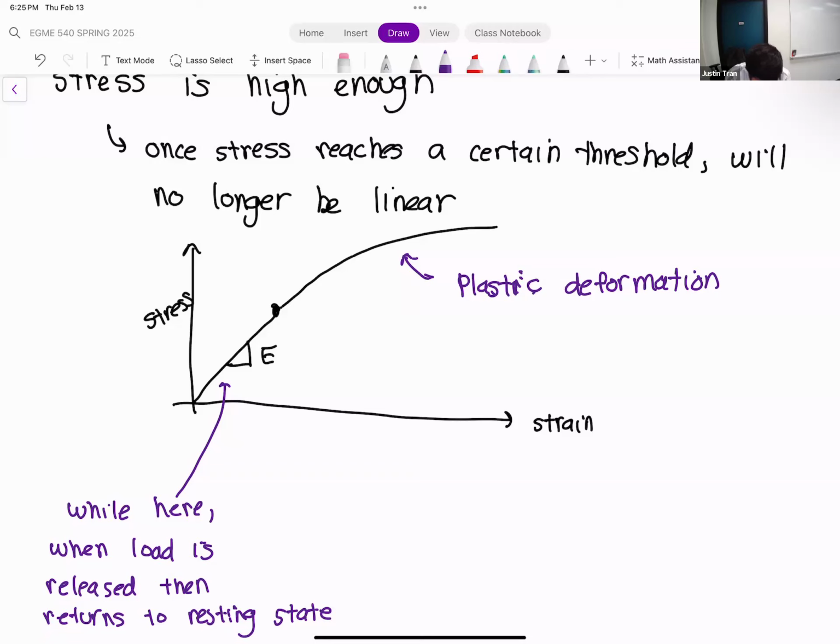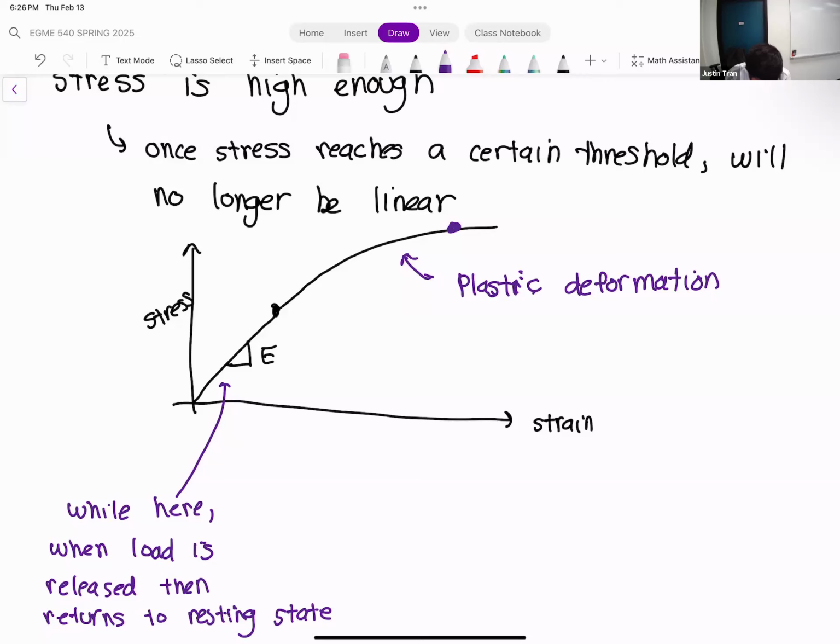First of all, you'll notice that the curve is no longer linear, so you start to have a non-linear relationship between stress and strain. But also, if you were to release the load, so let's say you load a material enough that it gets into plastic deformation, the material doesn't actually go back to its original resting form. Let's say you load a part all the way up until this point right here.